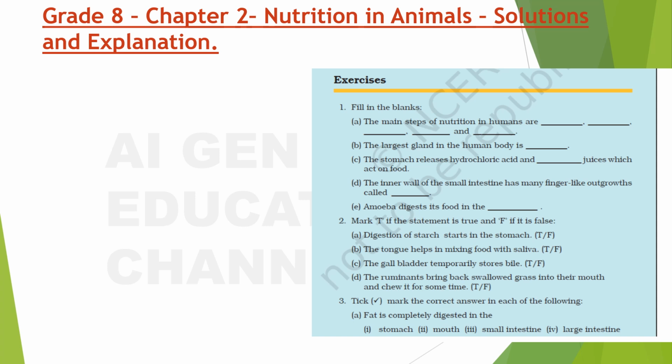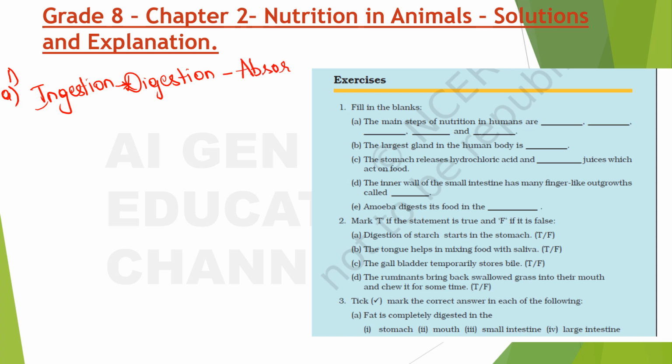Today we shall look into solutions for the chapter Nutrition in Animals. So what is the first question? The first question is, the main steps of nutrition in humans are. So what are the main steps? What is the first step? It is ingestion. It means taking of the food, right? And then comes digestion. It means breaking down of these complex substances that we take as food into simpler substances, and then comes absorption.